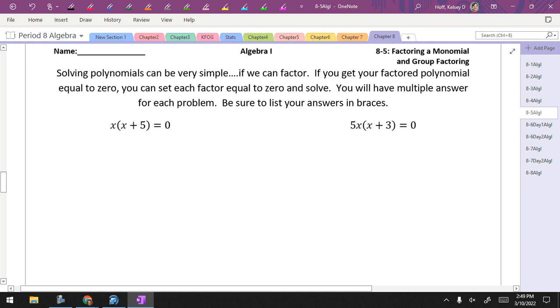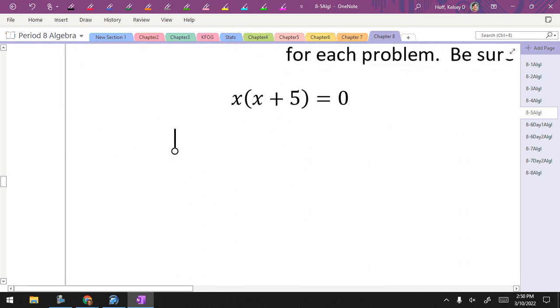Okay. First one, x times (x plus 5) equals 0. This is already factored. How do I know it's already factored? It's multiplication, right? Your first factor is x, and then your second factor is x plus 5.